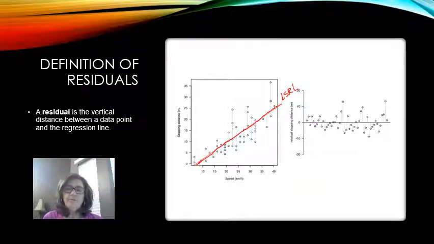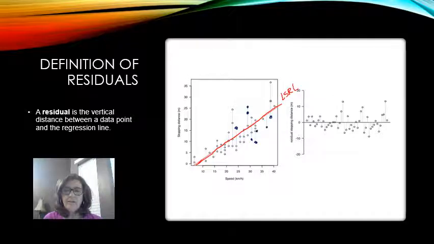You plot the scatter plot, and then you do the line of best fit, or the least squared regression line, and put it through your data. These little dots are your actual data points. You have some above and some below. This is actual data that you used to make your scatter plot.